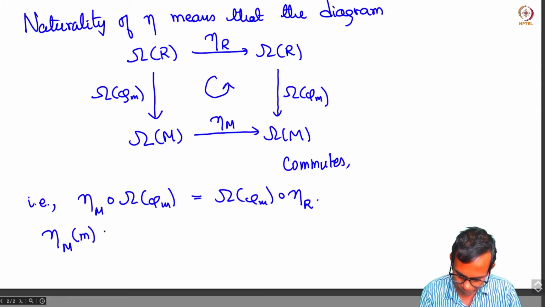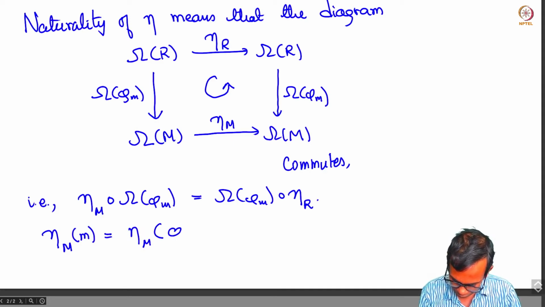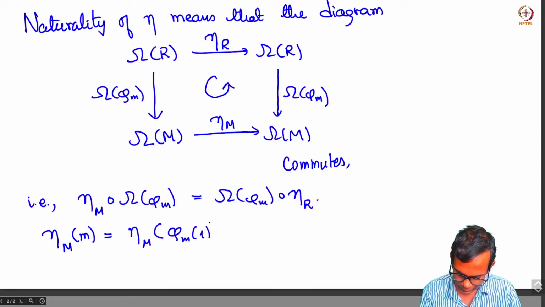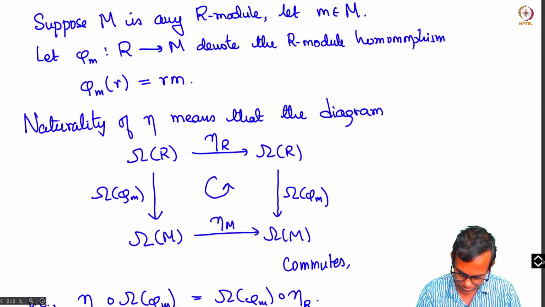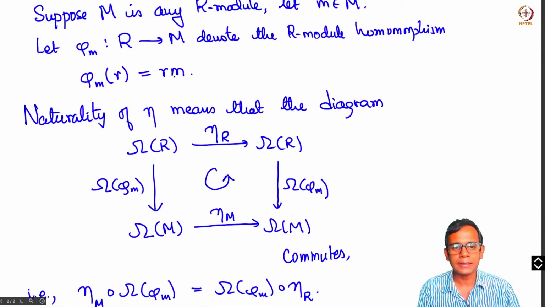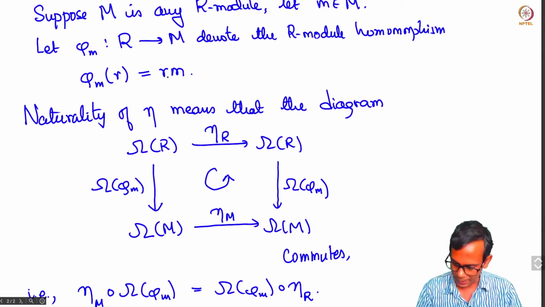Well, eta M of m is eta M of phi M of 1. Let's recall the definition of phi M: phi M of r is r times m, so phi M of 1 is just m.